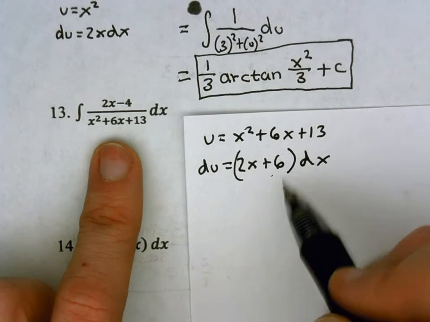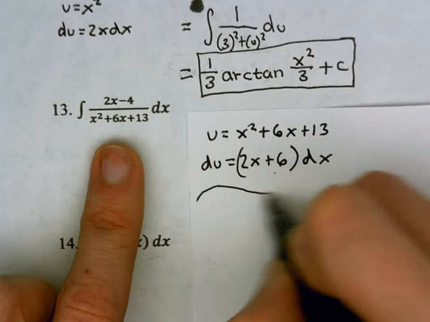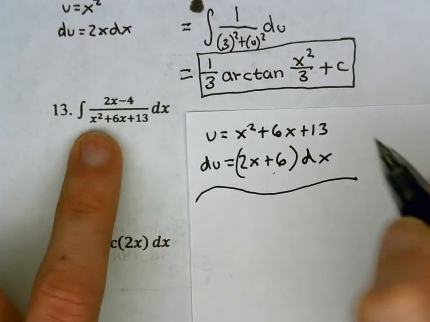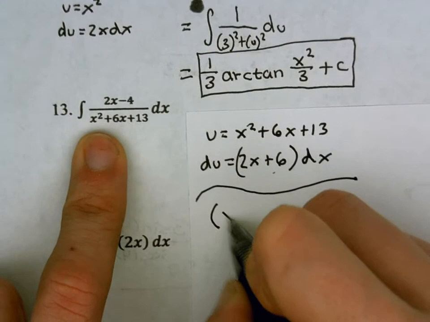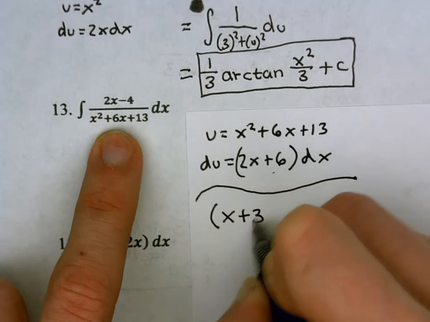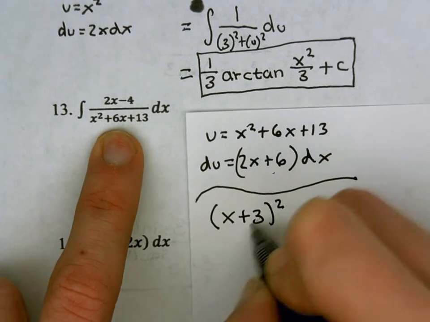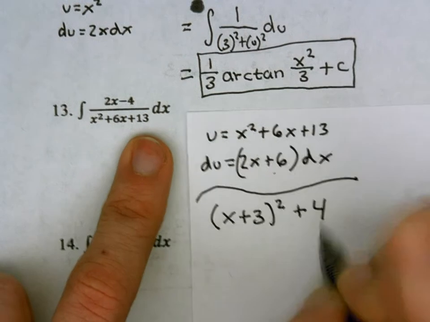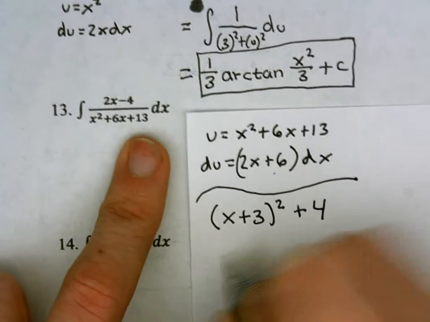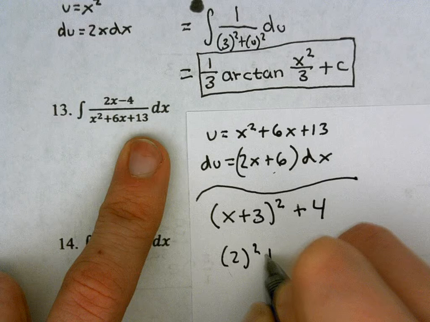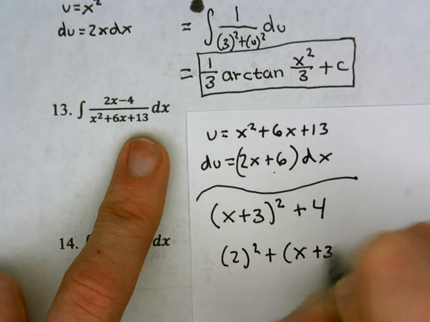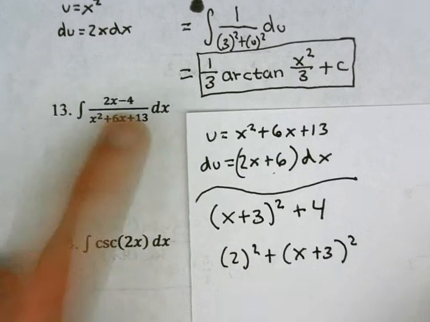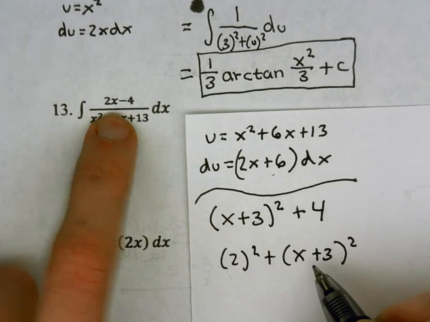And then when you try completing the square, down here we'd have x plus 3 squared. 3 squared is 9, but we have 13, and so we add 4. And so that's going to give us that a squared plus u squared that allows us to apply our arctan rule. But just doing arctan, we won't have gotten rid of that numerator, 2x minus 4.